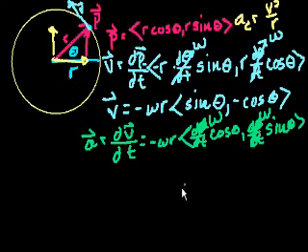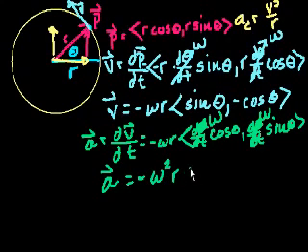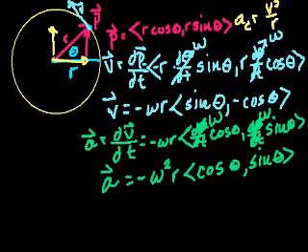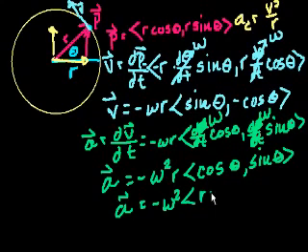And we could take the w out, and we get the acceleration vector is equal to minus w squared r times cosine theta, sine theta. Or we could take this r and multiply it times both the x and y components, and we have the acceleration vector is equal to minus w squared times r cosine theta, r sine theta.